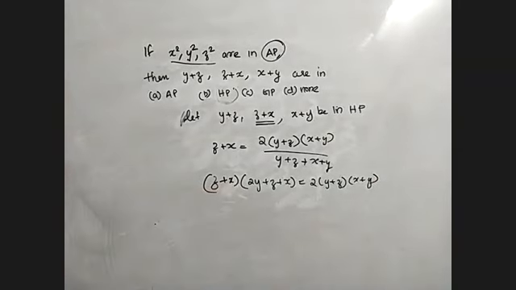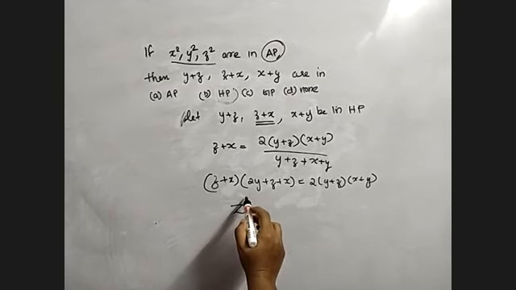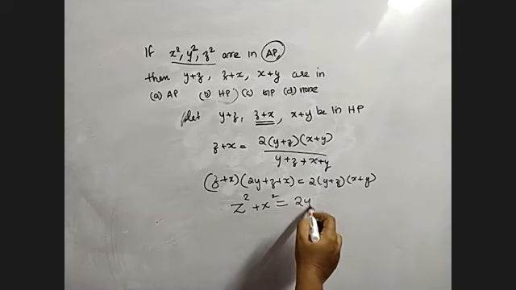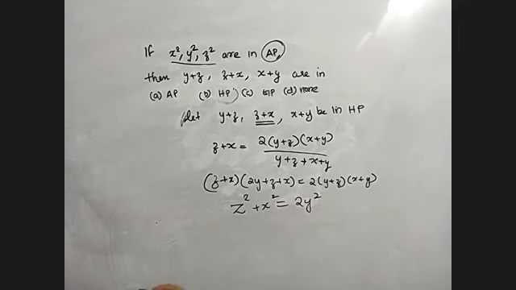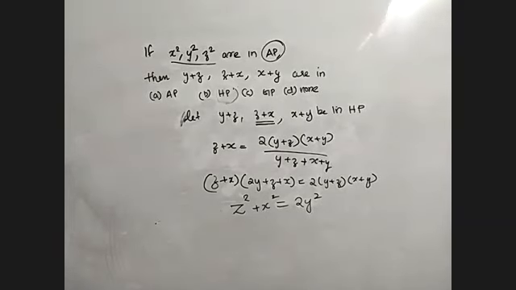Just open the brackets and tell me what you're getting. Are you getting Z square plus X square is equal to 2y square? Just tell me whether you are getting Z square plus X square is equal to 2y square.